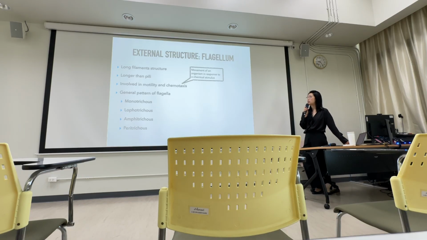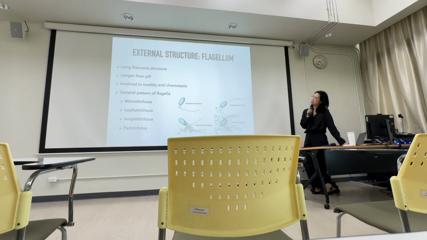Chemotaxis is the reaction in which bacteria respond to environmental or chemical stimuli. If it's food, the bacteria will use their flagellum to swim to the food. But if it's toxic, they will swim away from the toxic area. We call it chemotaxis.